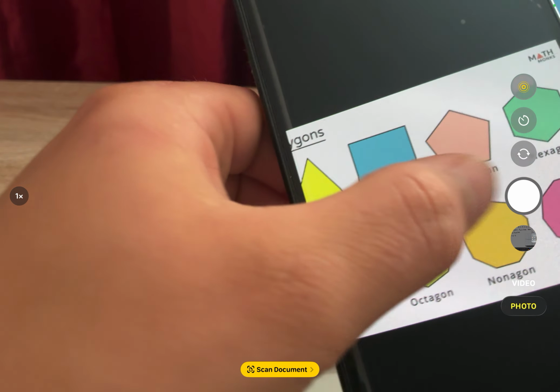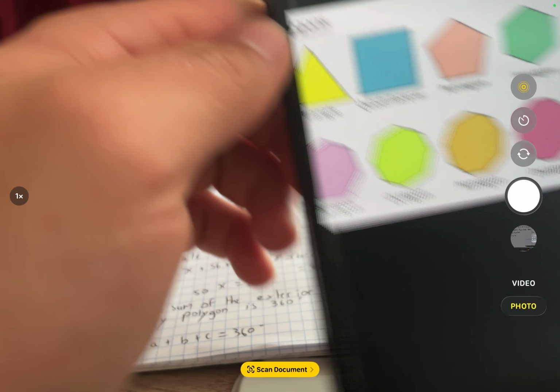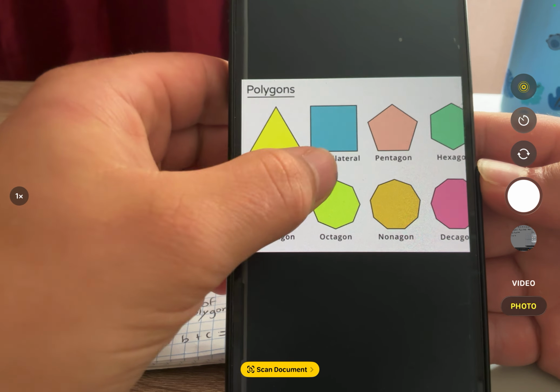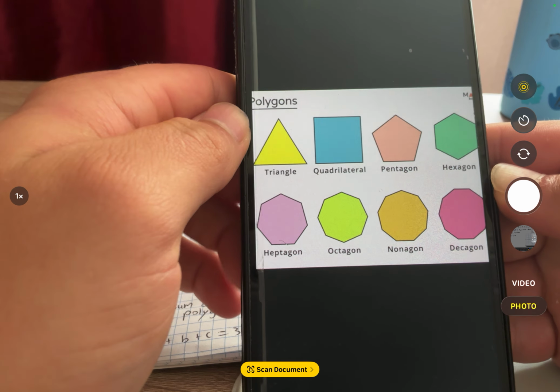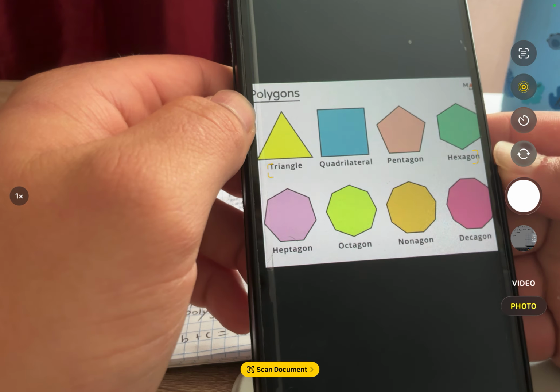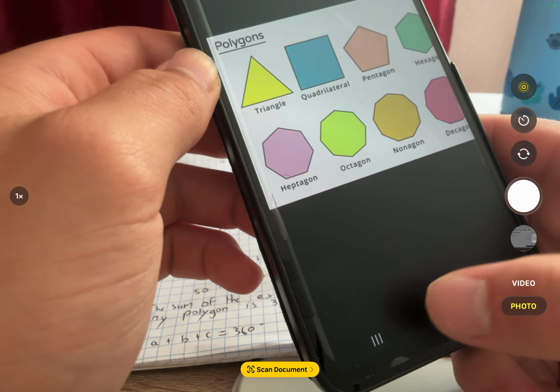Basically, a square can be one, but I'm not sure how to define them, but basically things that are able to have angles, I guess.